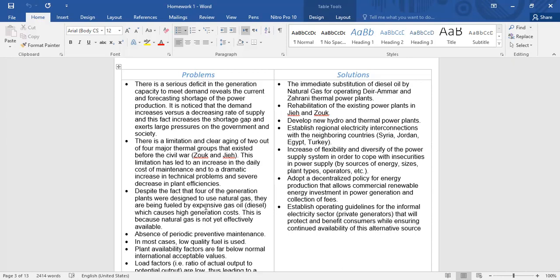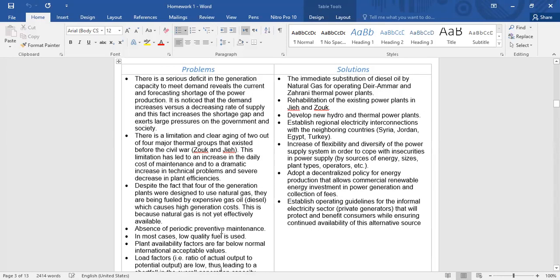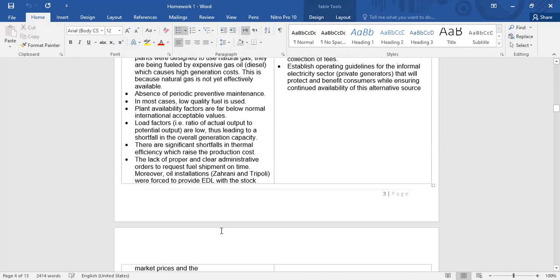وفي absence of periodic preventive maintenance. في إنه despite that 4 of the generation plants were designed to use natural gas, they are not using natural gas in this time, which cause high generation costs. وفي plant availability factors are far below normal international acceptable values.